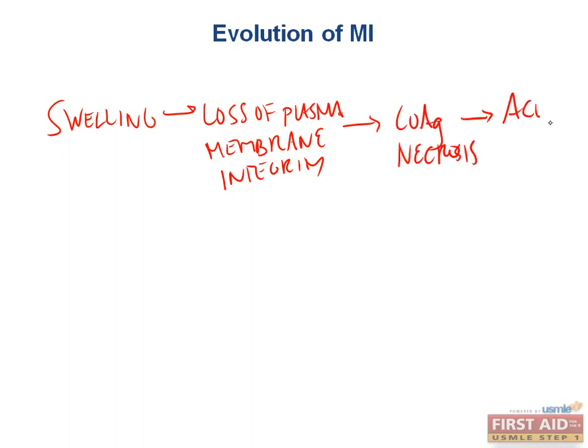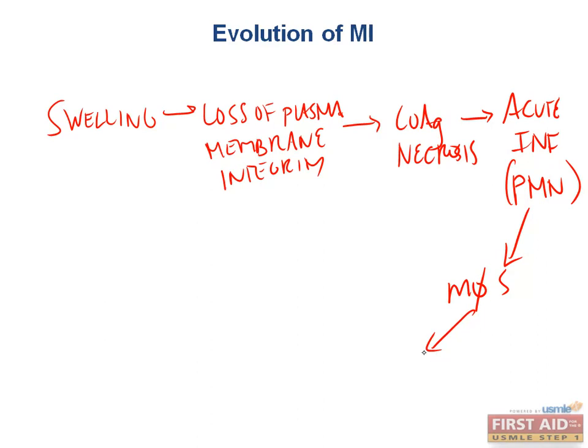This leads to acute inflammation, which is mainly mediated by polymorphonuclear cells, or neutrophils. Then you get clearance of the debris by macrophages in the later stages of the inflammatory response. And then you get fibroblast induction by the macrophages to replace the necrotic tissue that was cleared by those macrophages with scar tissue and collagen deposition.